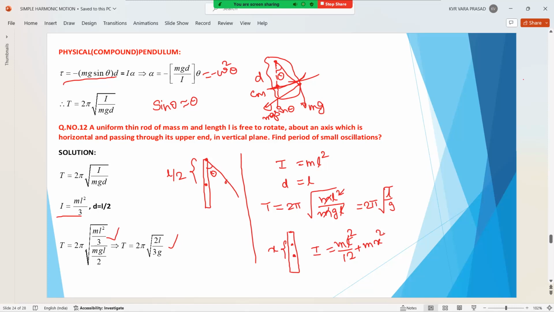So we are taking point of suspension is at a distance x from center of mass. Then I value becomes ml square by 12 plus mx square.